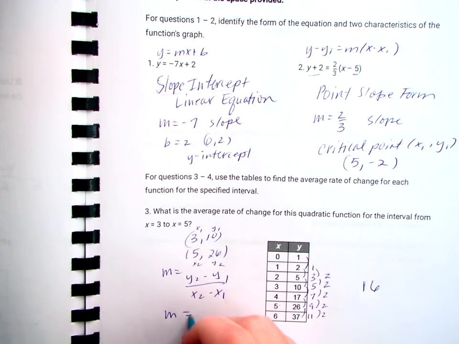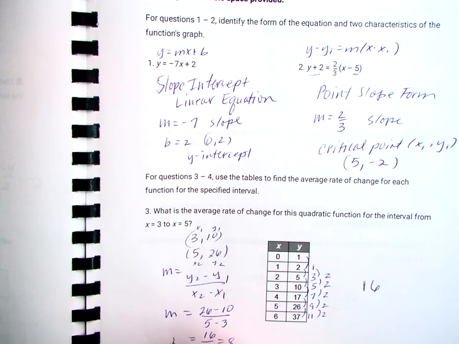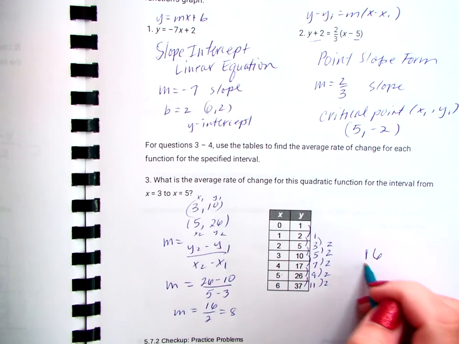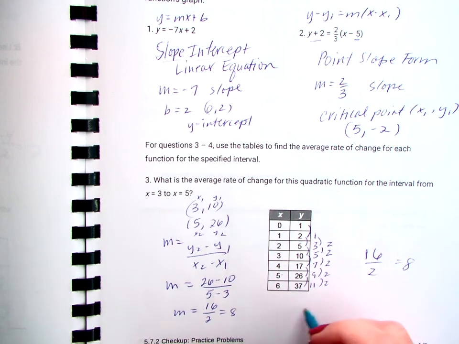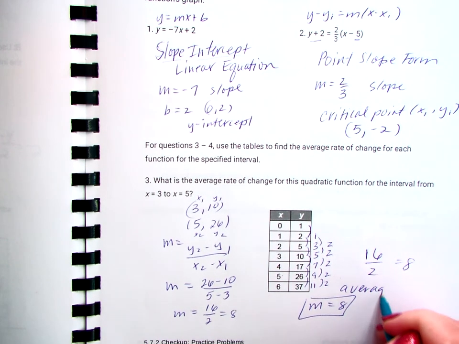We use the slope formula to calculate average rate of change. And since it's a jump of 16 over 2 from 3 to 5, we're looking at an average rate of change of 8. So the answer is 8, average rate of change.